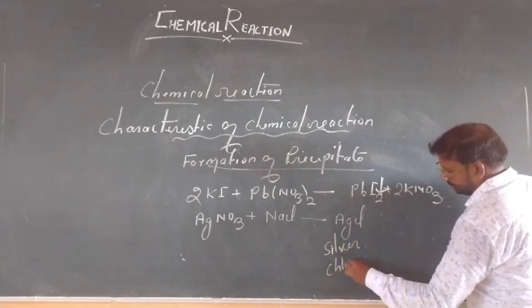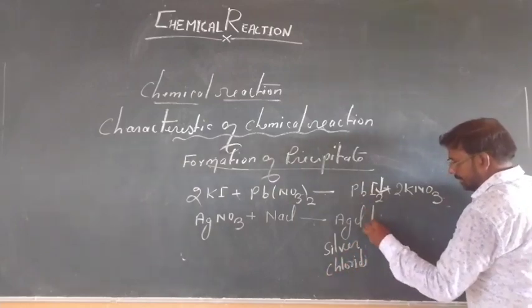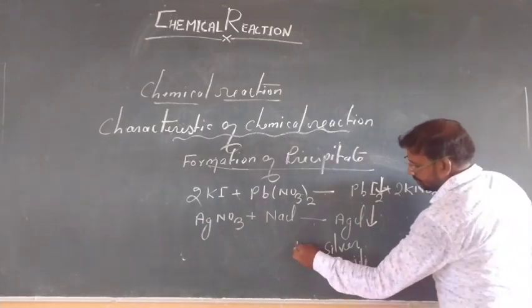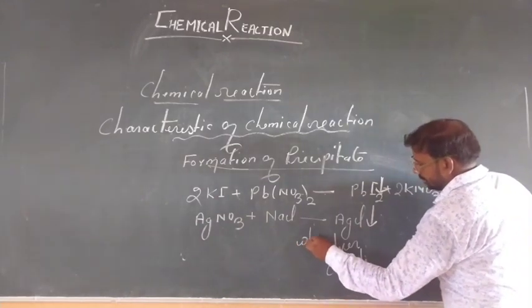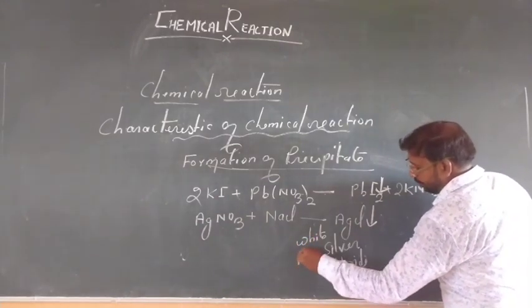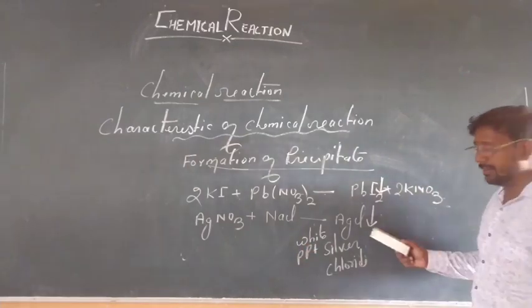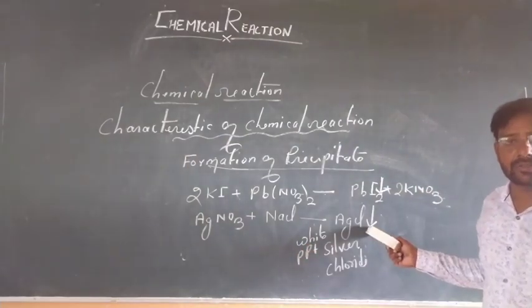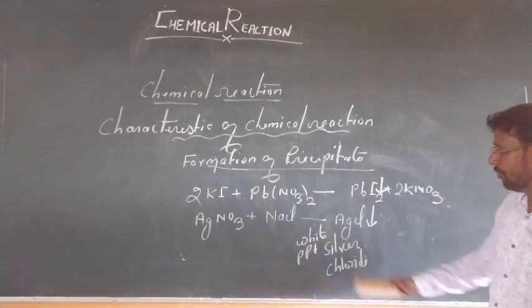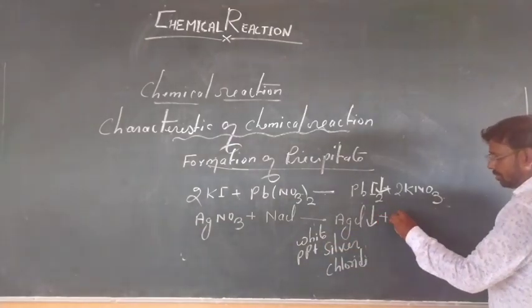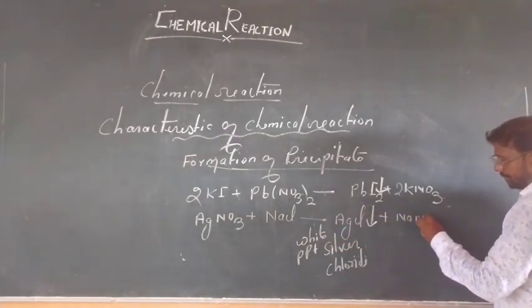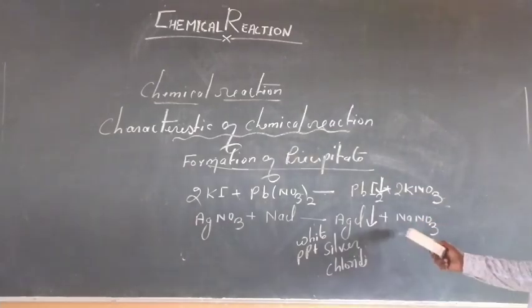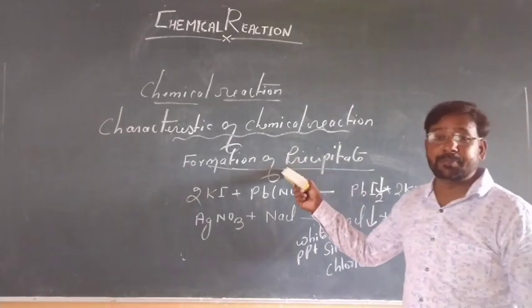White PPT will form. It is a precipitate reaction. White PPT will form, and sodium nitrate, NaNO3, will be removed. So this is the example of precipitate reactions.